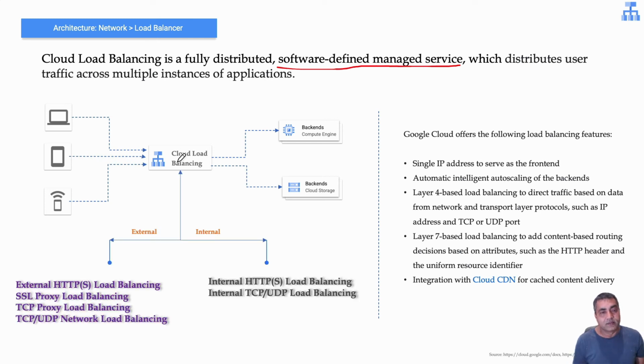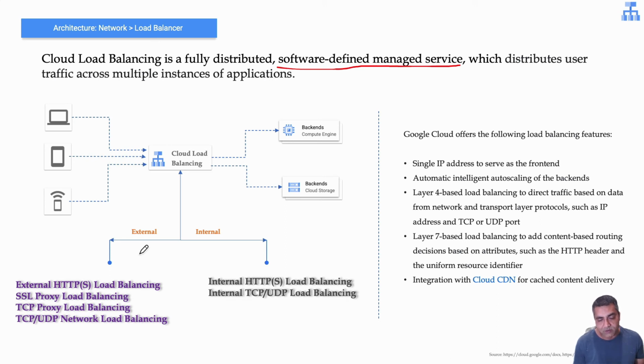Now, load balancing is typically of two kinds: external load balancing and internal load balancing. External load balancers distribute traffic coming from the internet to your Google Cloud VPC networks. It requires that you use the premium tier of networking service tiers.